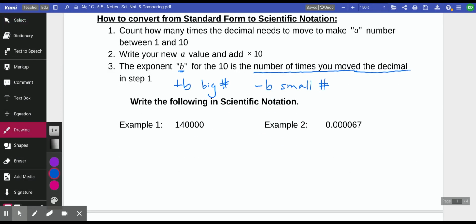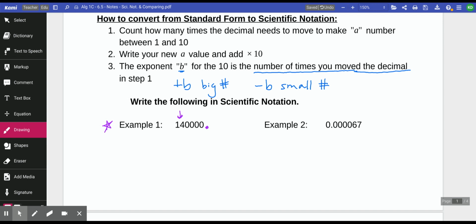So here are a couple of examples on how to do this. Remember, if we have a number like in number 1, which is 140,000, even if we don't see that decimal point, it's really living right there at the end of this number. We have to move this decimal so that it's between the 1 and the 4, right? We want one number to the left of the decimal, and then as many as we want to the right.